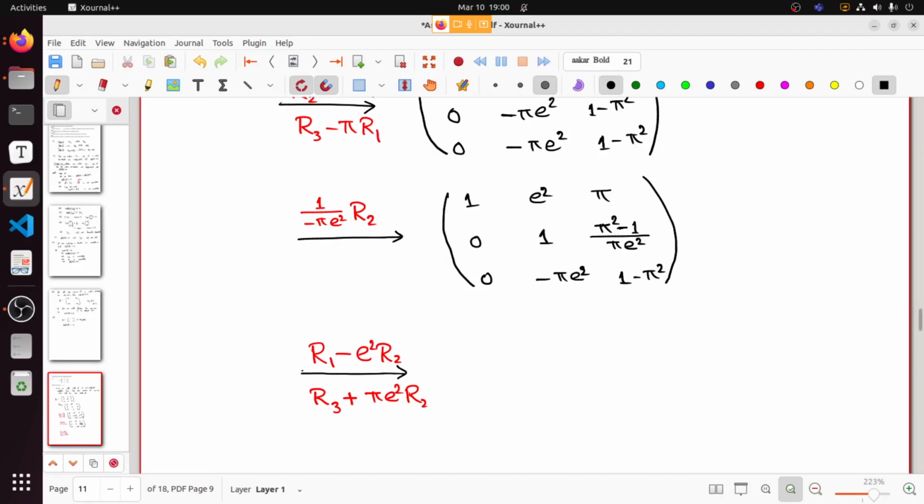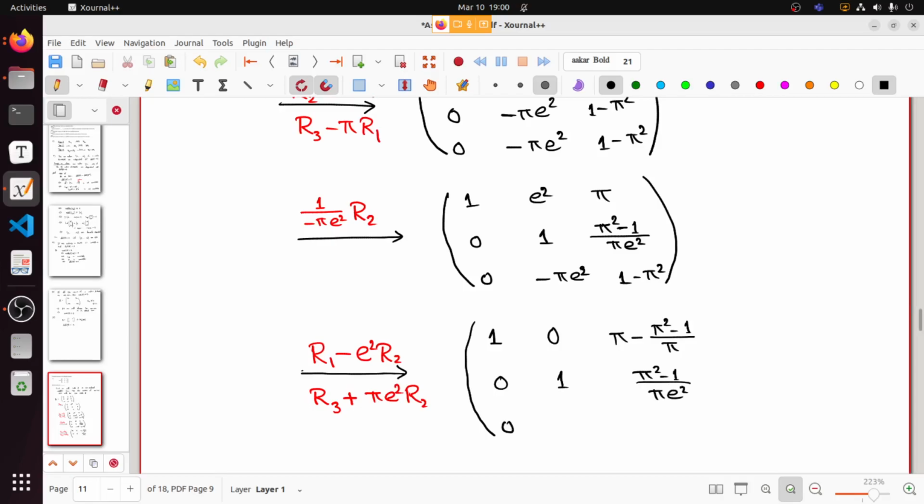Then the first row becomes 1, 0, and multiplying the second row by square and subtracting gives pi minus pi square minus 1 by pi. The second row is as it is, 0, 1, pi square minus 1 by pi square.